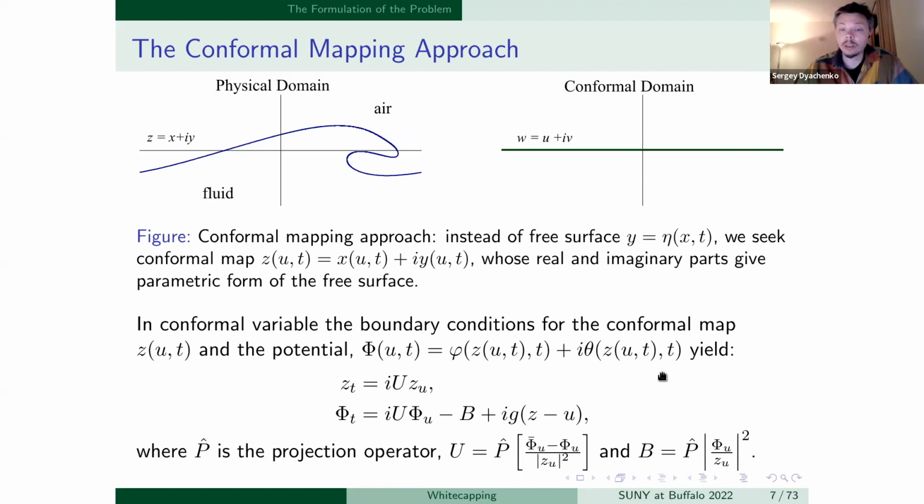This P hat is just 1/2 plus i over 2 times the Hilbert transform. This makes this set of two equations not just a set of two PDEs, but rather two integro-differential equations, because not only do we have derivatives with respect to u, we also have integral transforms in these functions U and in the function B as well.